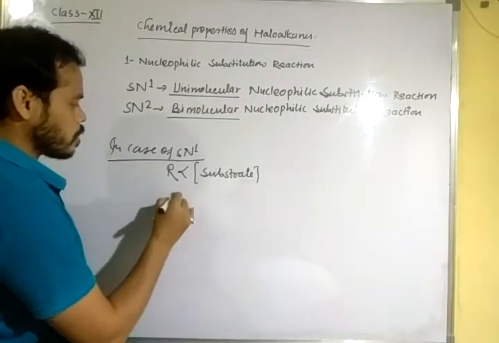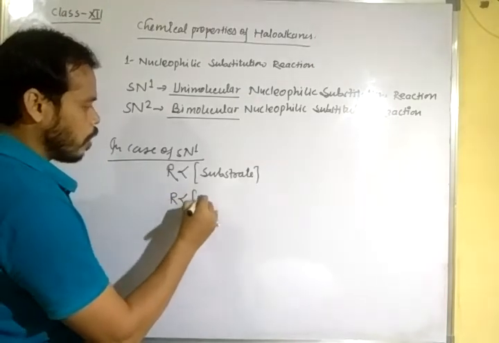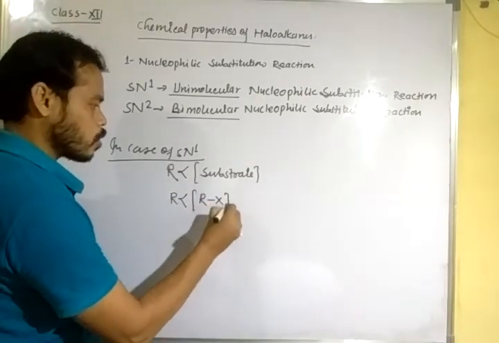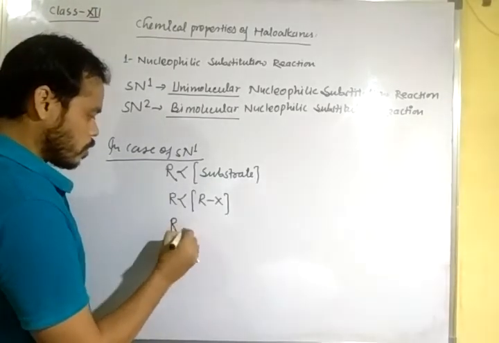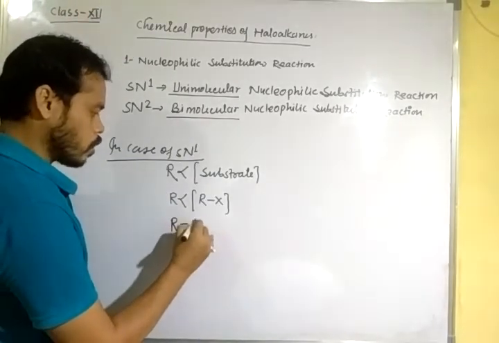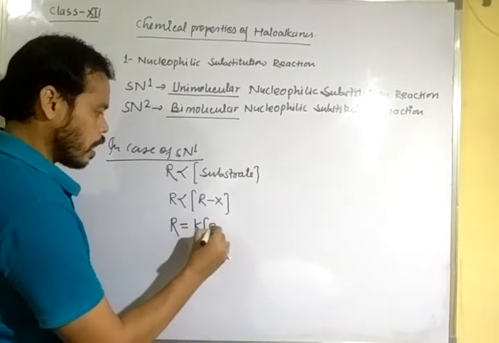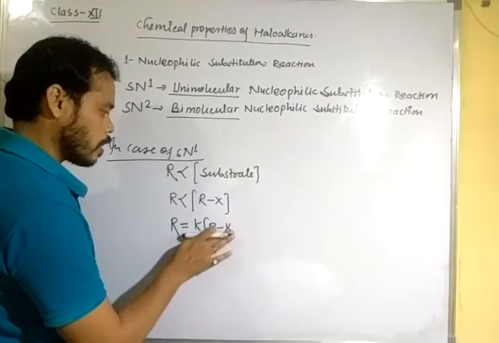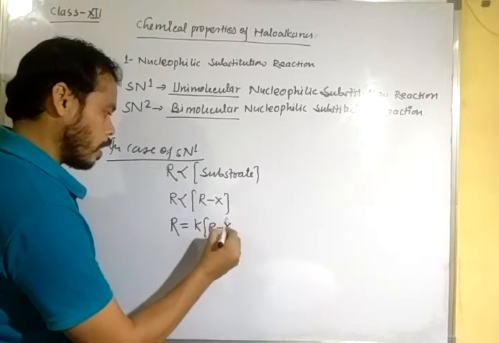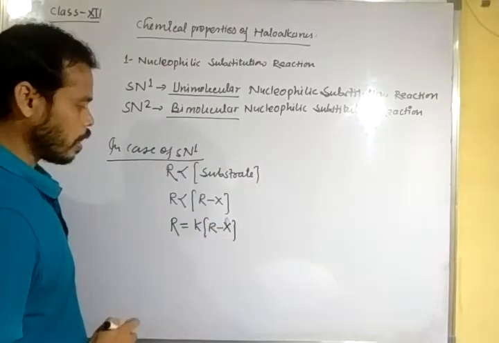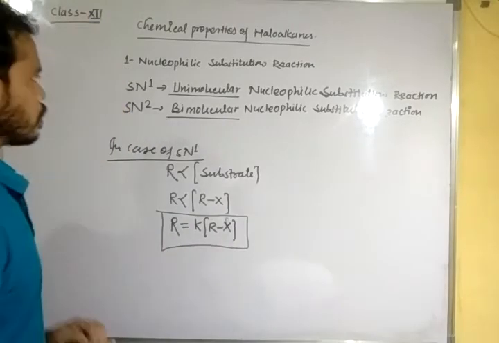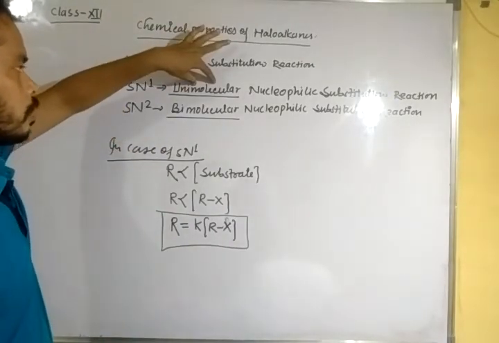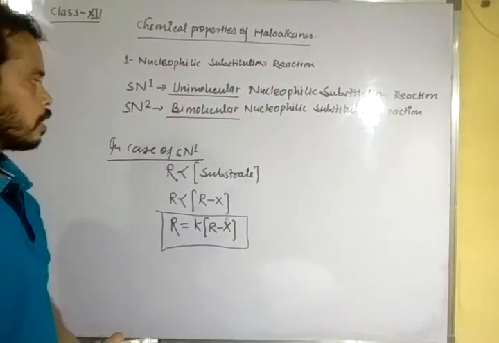And here the substrate is haloalkane. So you can write, removing the proportionality sign, rate equals K, a constant, times RX. That is why this is called unimolecular nucleophilic substitution reaction.